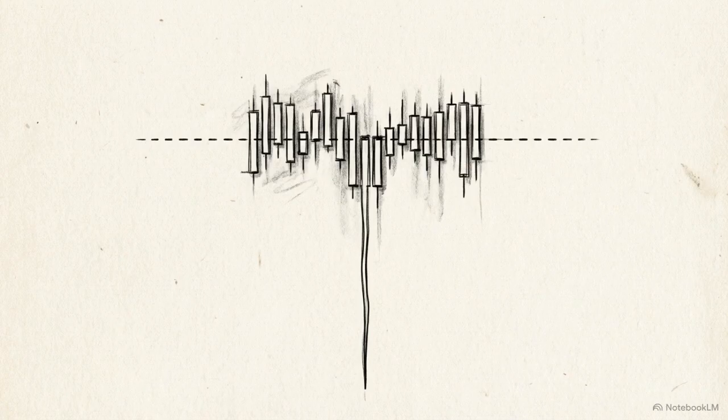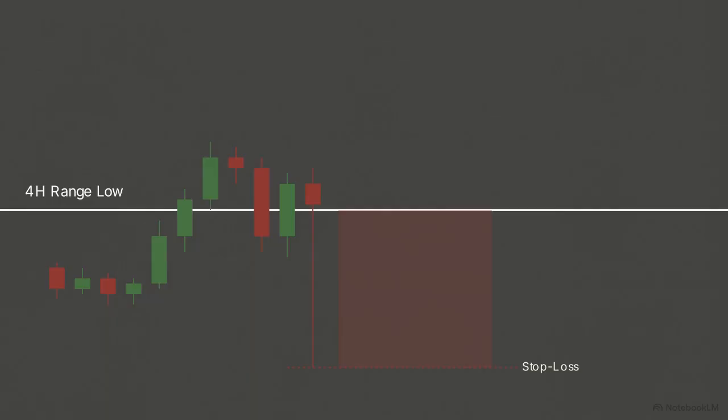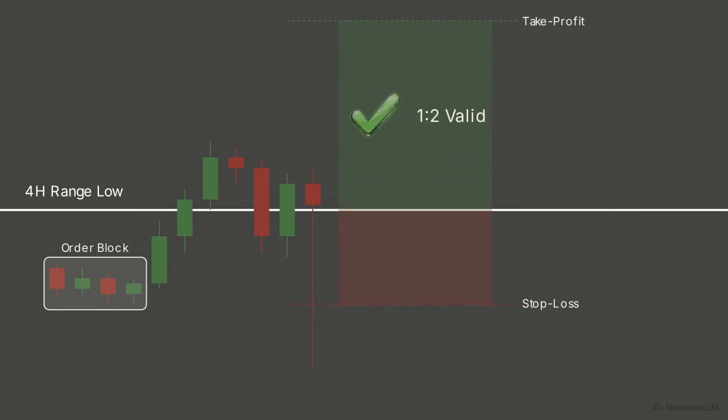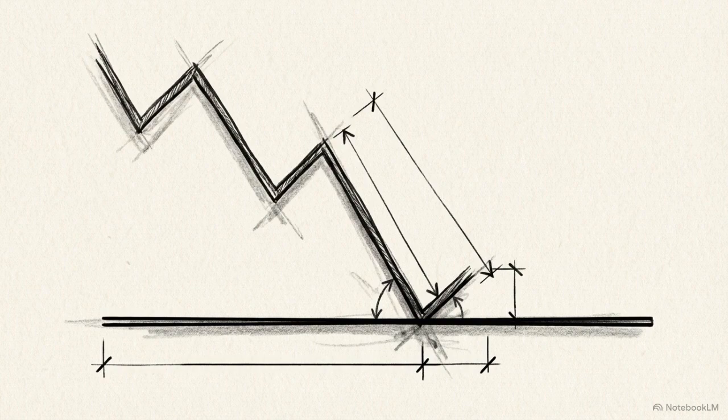Occasionally, the market will throw an extreme anomaly at you. The false breakout will be a massive, violent spike, snapping right back into the range. Placing your stop loss at the extreme end of a massive spike makes your mathematical risk zone far too large to trade safely. When this happens, we use a specific key level exception to adjust our risk. Instead of using the extreme distant wick, look backward on the chart.